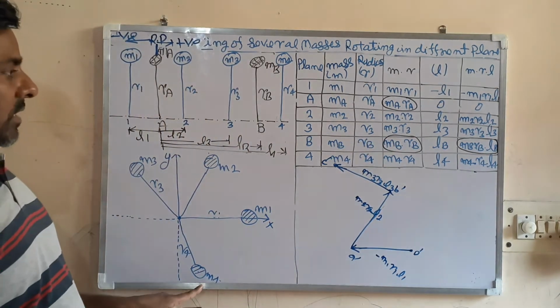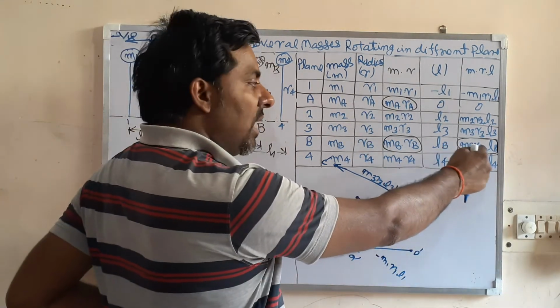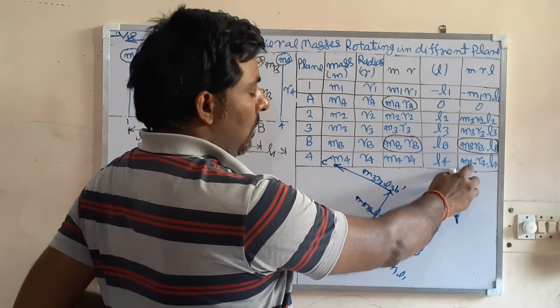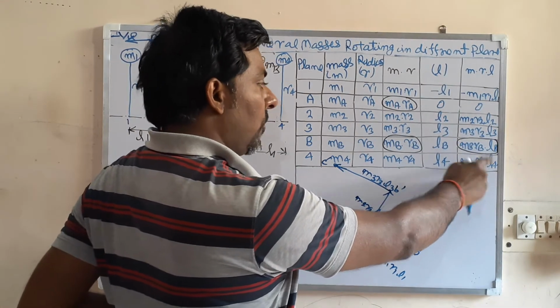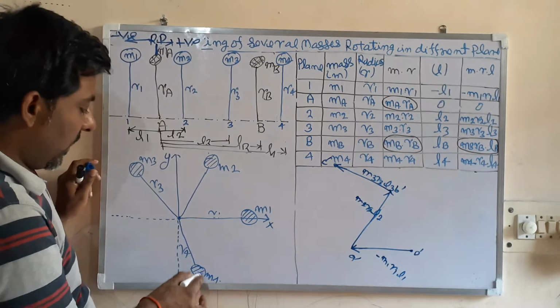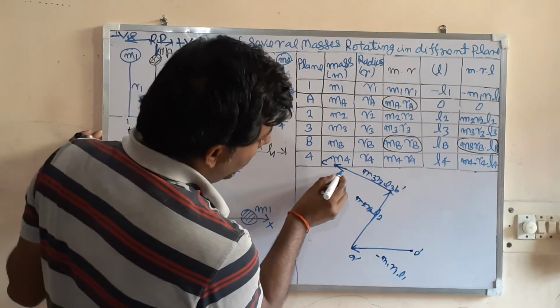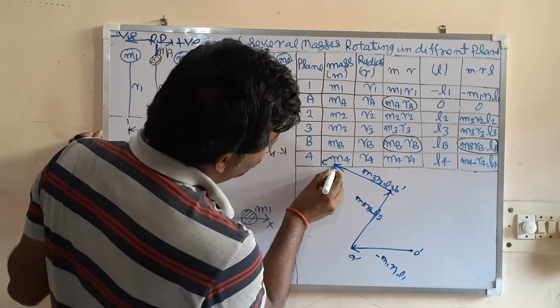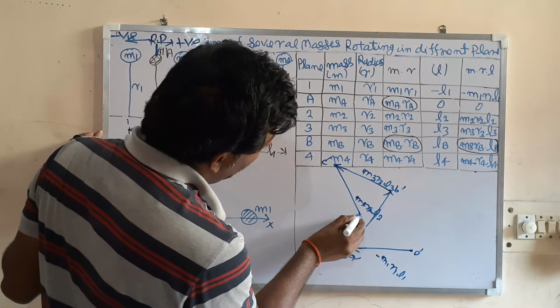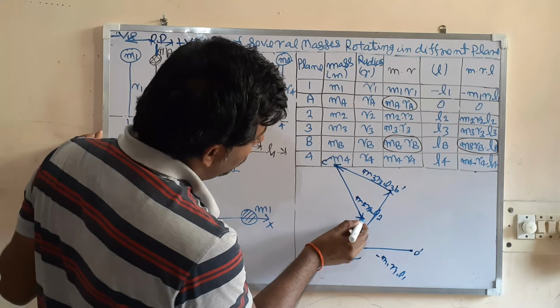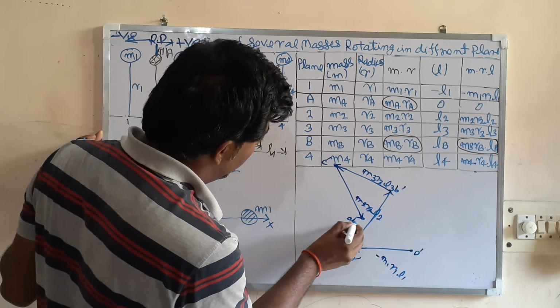And let us say the fourth one is unknown, so leave that. The closing side will be the unknown. So first you draw this m4 r4 l4. What is the direction of 4? That is plus, so radially outward. Say this is D dash.